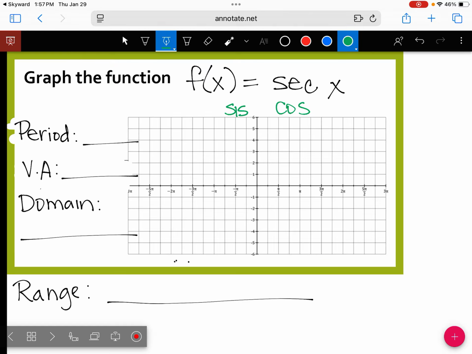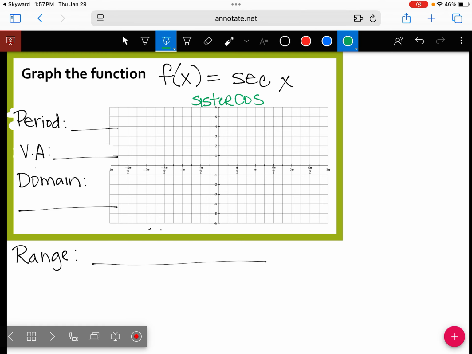But we don't connect the points, and I'll explain why. Cosine starts at the top. So just like cosine, I'm going to start secant at the top. Then it goes to the middle, bottom, middle, top. The 4 steps that we had are the same 4 steps.